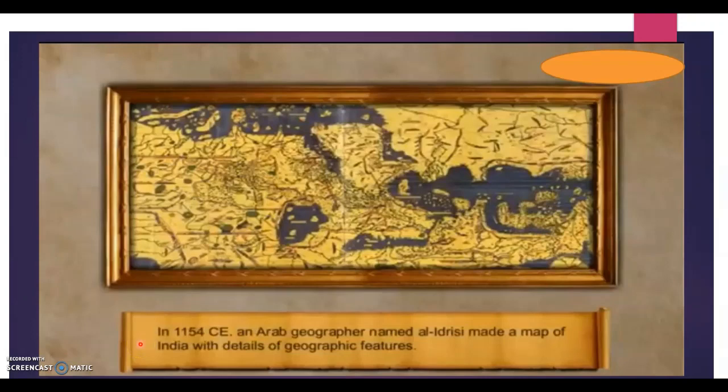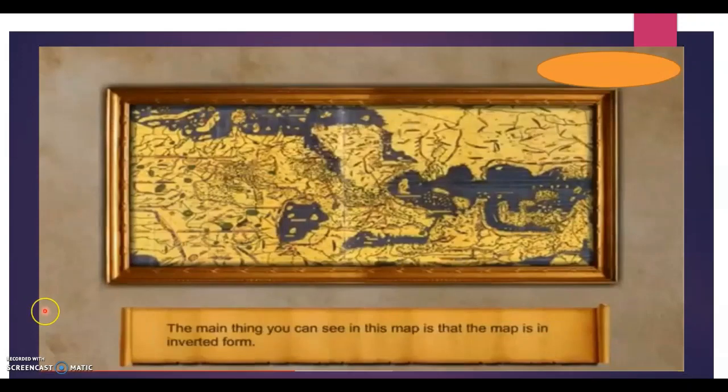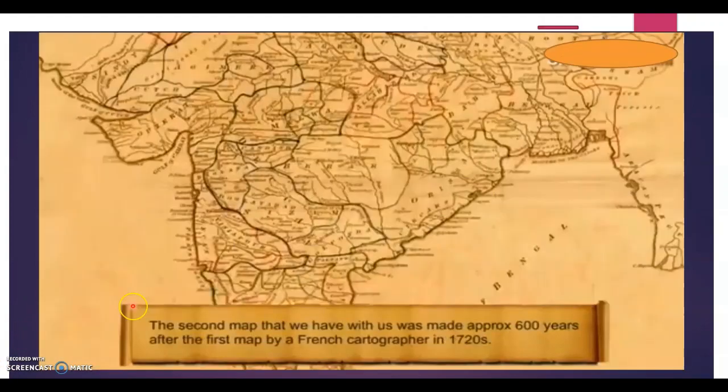In 1154 CE, CE means Common Era or Christian Era, an Arab geographer named Al-Idrisi made a map of India with details of geographic features. The main thing you can see in this map is that the map is in inverted form. In our textbook, we have two maps.